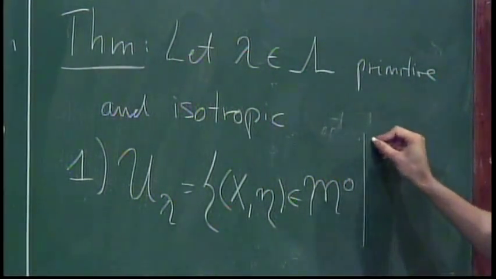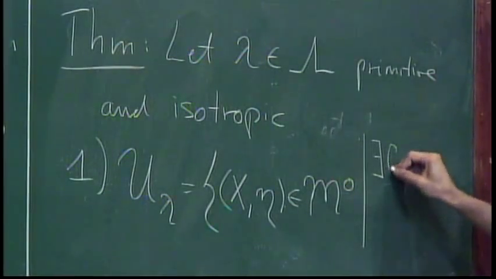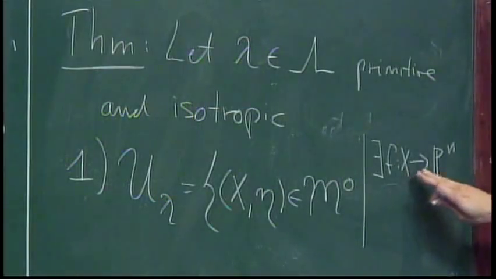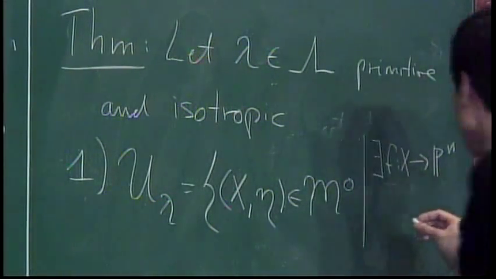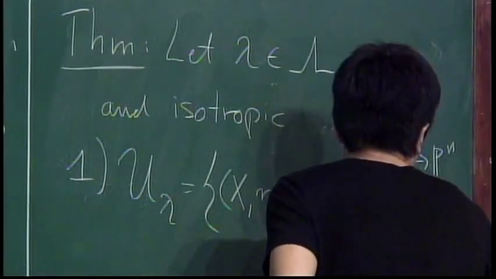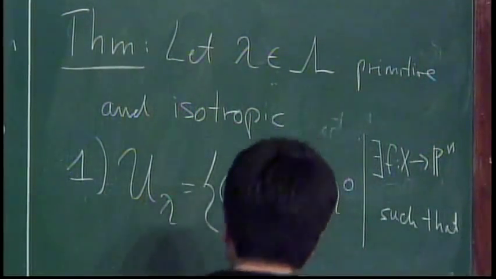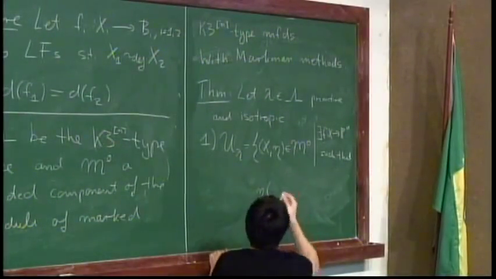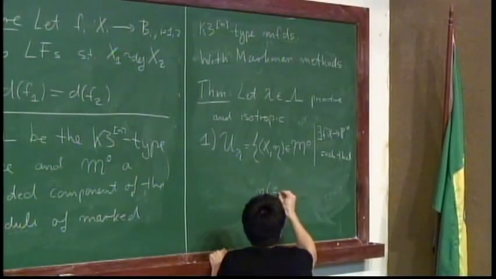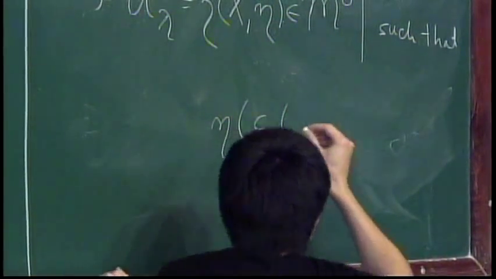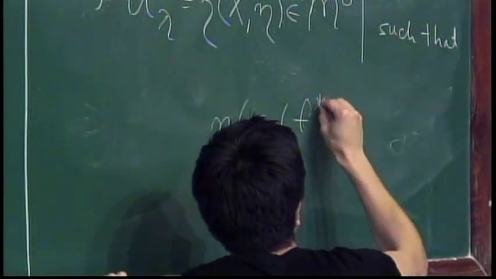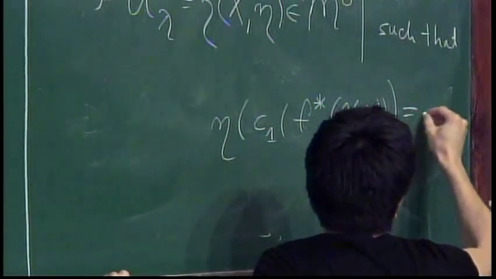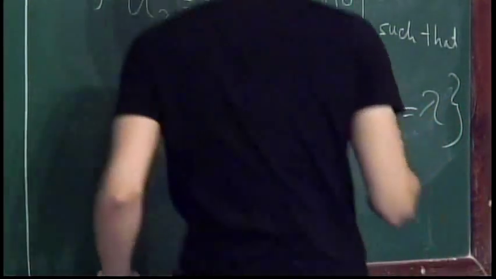At first, we want that there exists a Lagrangian fibration from X to P^n such that eta, so the marking, same definition as for K3 surfaces, and then the first Chern class of the pullback of the O(1) bundle is just given by lambda.